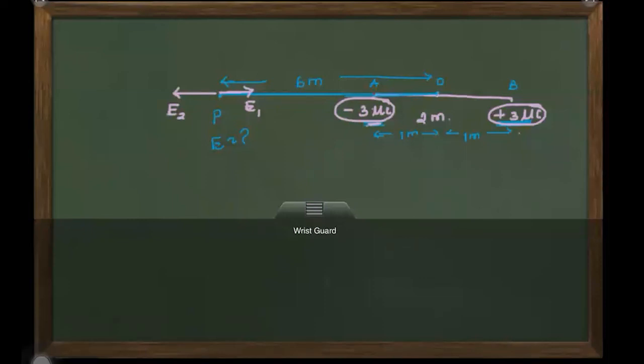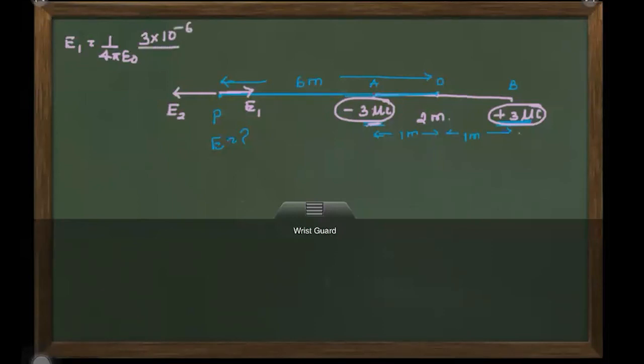Now the time comes for calculation. E1 is equal to 1 by 4 pi epsilon naught, and then Q means 3. I have told you that there is no need to take the minus sign into account, because the minus sign is used to show the direction. You have already shown that, so there's no need to take it again. Micro means 10 raised to power minus 6.